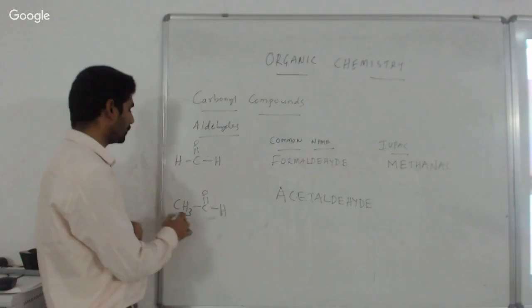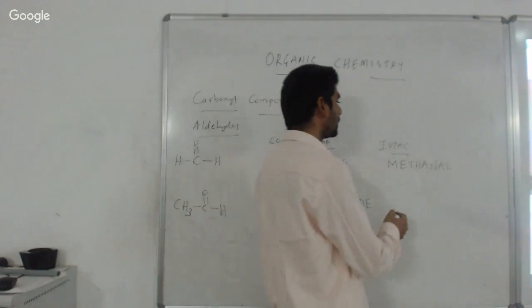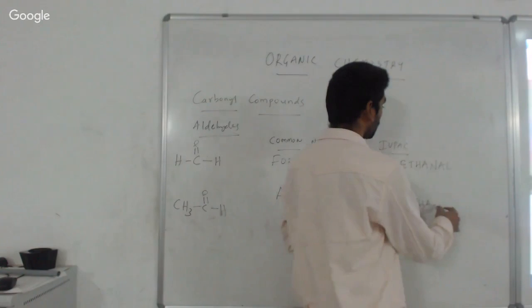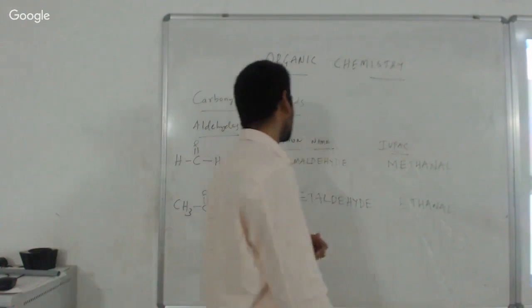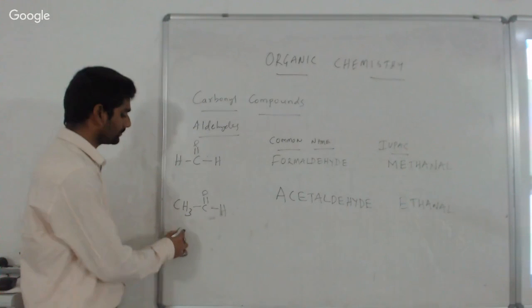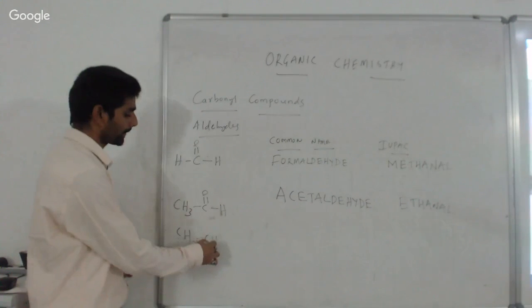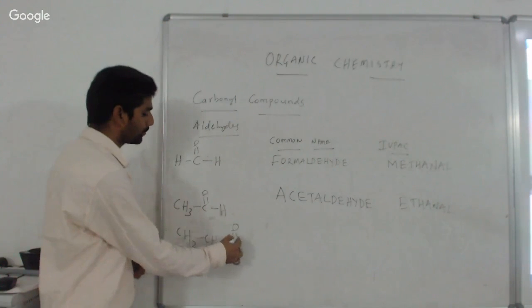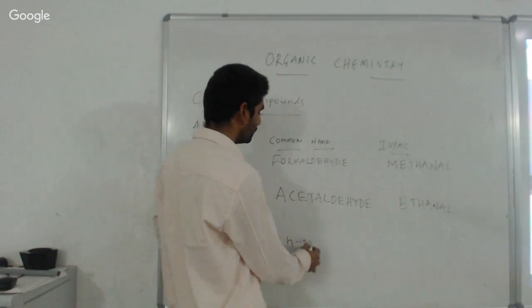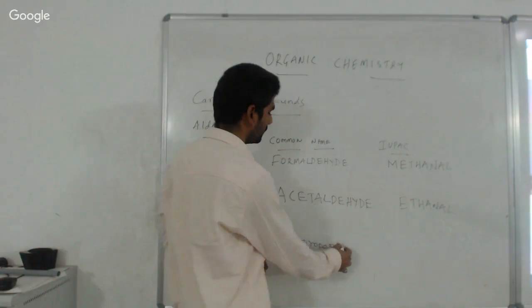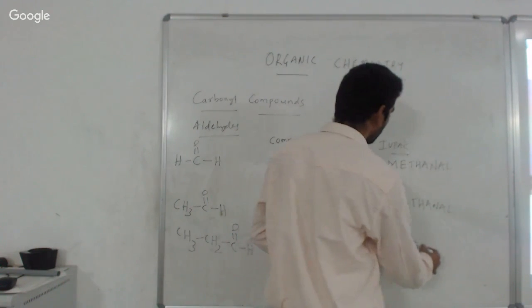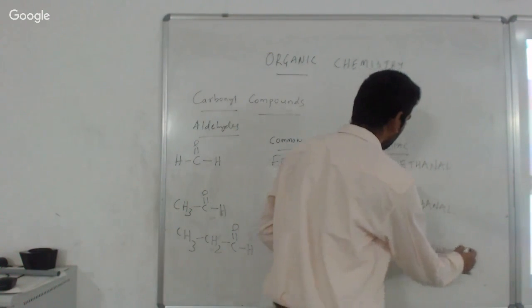Here two carbons are there, so the IUPAC name is ethanal. Next, propionaldehyde, whose IUPAC name is propanal.